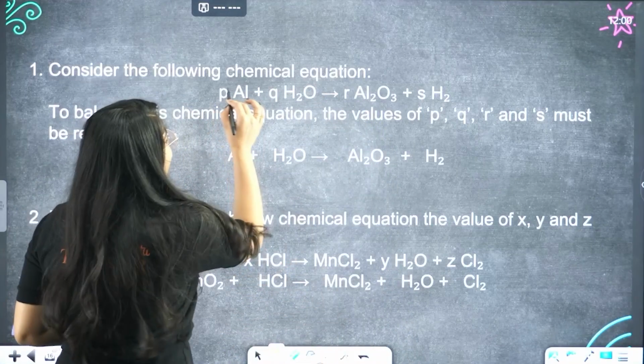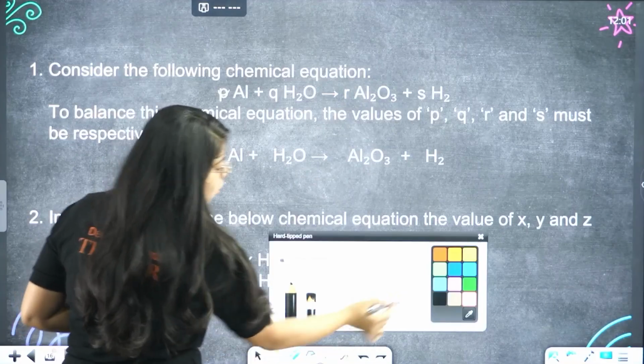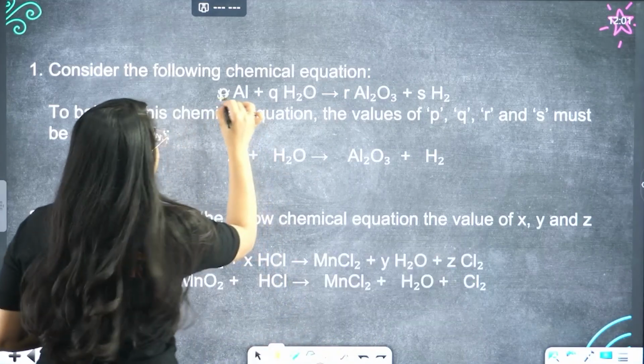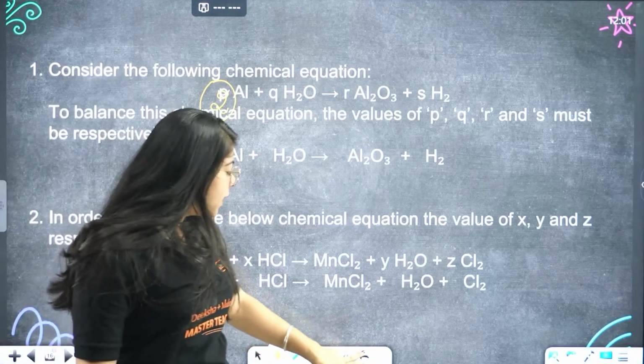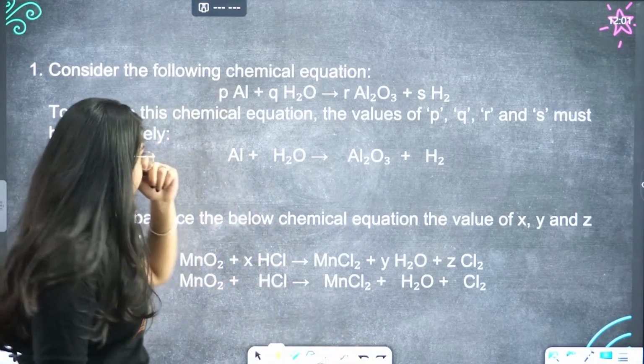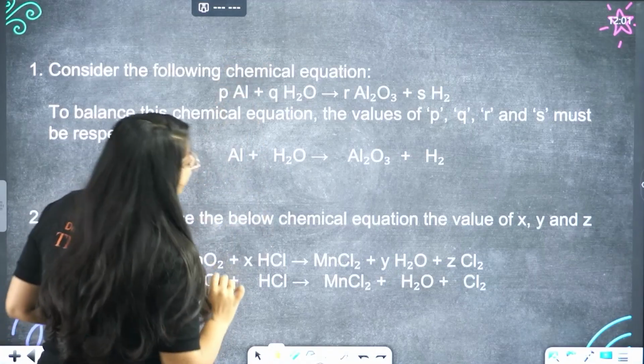Because when we balance, aluminium is 2 here, right? So to balance this, I will put a 2 here. That means P is 2. Understood? This is how you work. Let's do it. Aluminium is 1 here. Let's make a box.